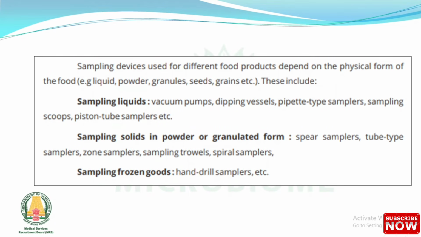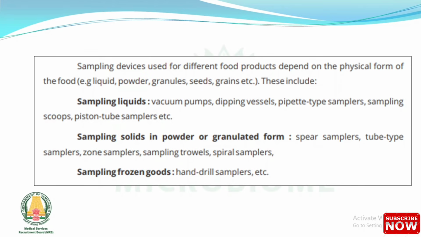And next, sampling devices used for different food products depend on the physical form of the food. Example: liquid, powder, granules, seeds, and grains. These include sampling liquids, sampling solids in powder or granulated form, and sampling frozen foods. First, sampling liquids.